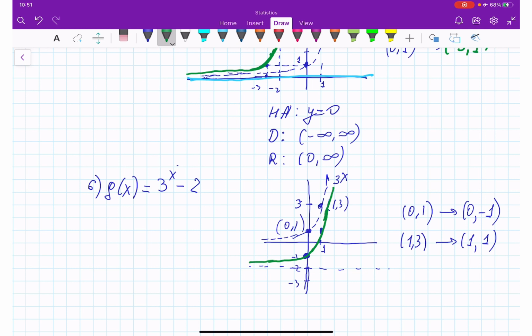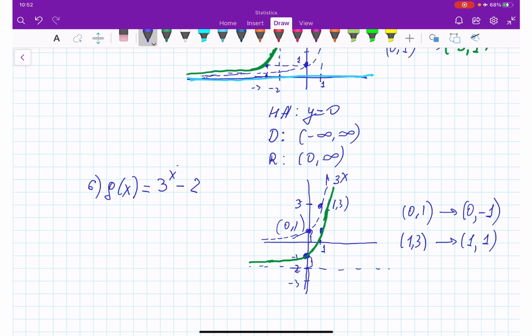So if you wonder why this is going to be, this is -2 asymptote, because look, we have here distance 1, right? So if this is my new point, so distance 1, it's going to be down by 1, -2. Okay? Or you can calculate this way.